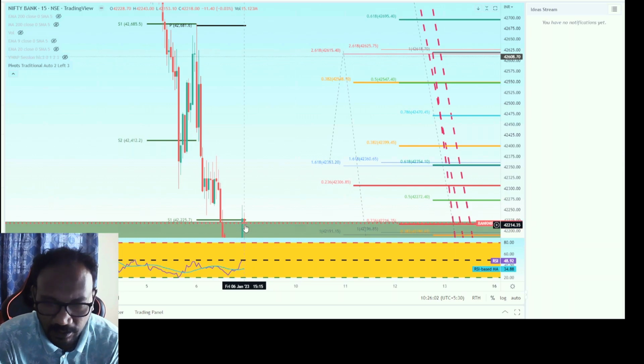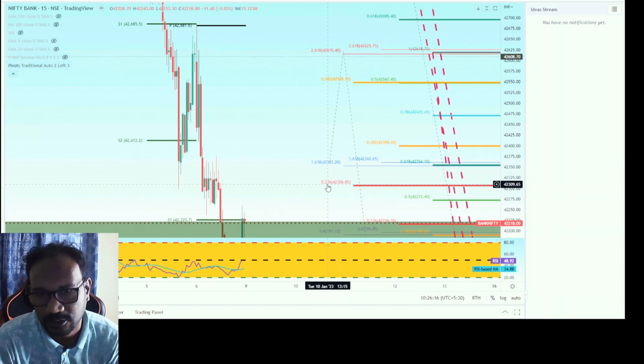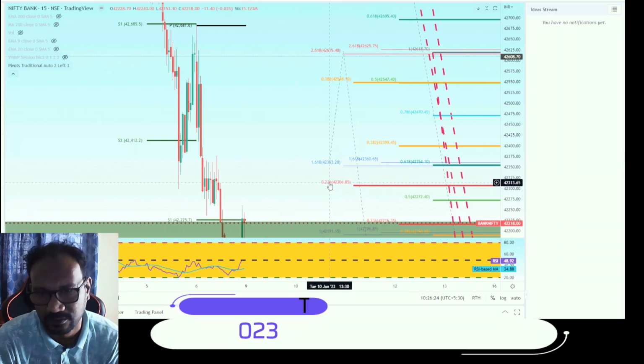The market is at 214. Then you see that there is 1.5 at 272. Then there is something at 307, right? But this is 23%. Usually 23% is a small resistance or small target that you should ignore.